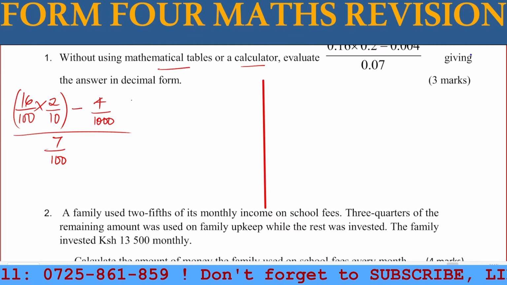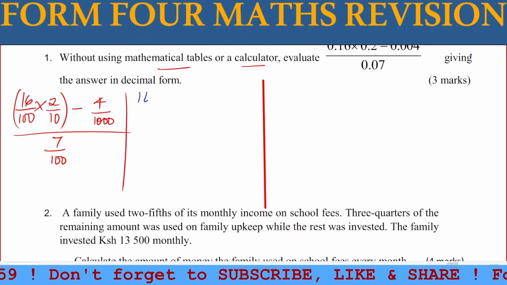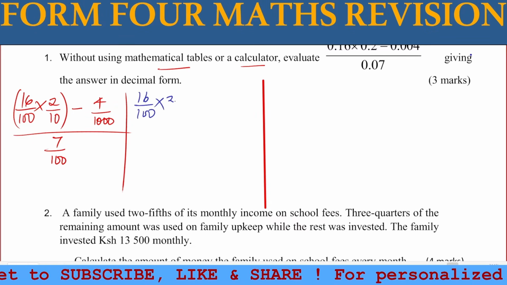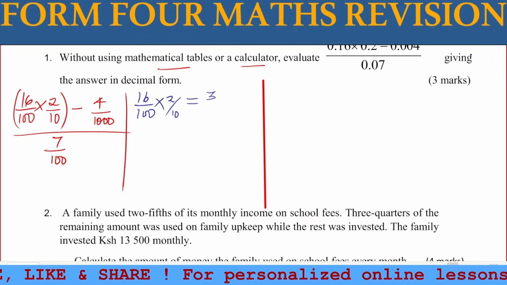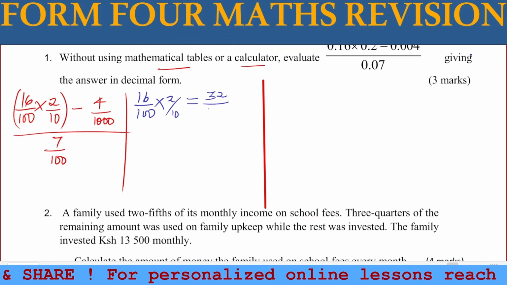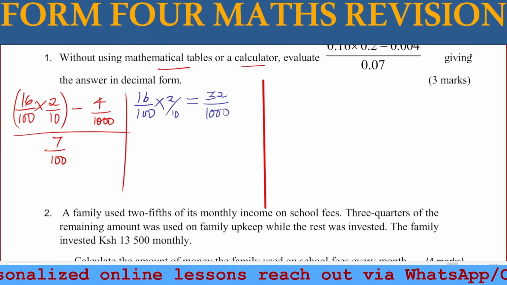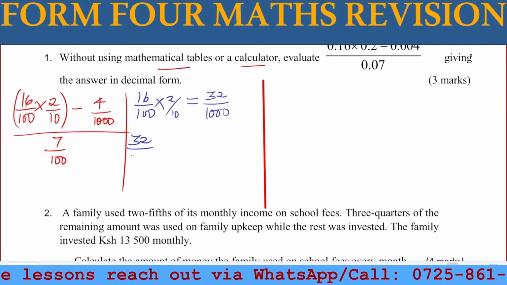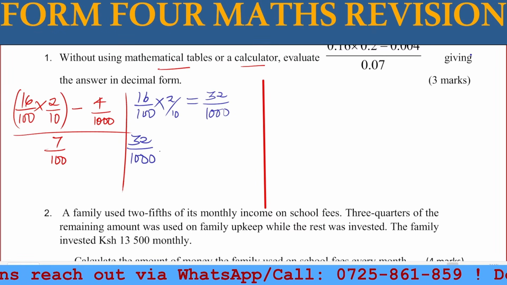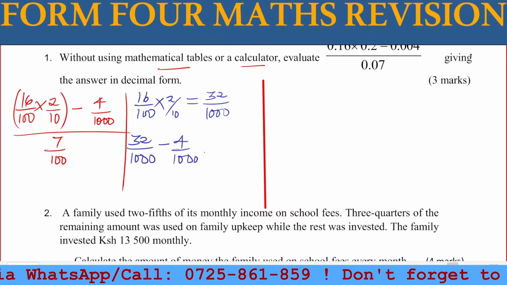This is what you're going to do for the numerator. We start with that: we have 16 over 100 times 2 divided by 10. So this will give 16 by 2, that will give 32, divided by 100 times 10, that will give 1000. Then after we've done that, we subtract: 32 divided by 1000, subtract 4 divided by 1000.